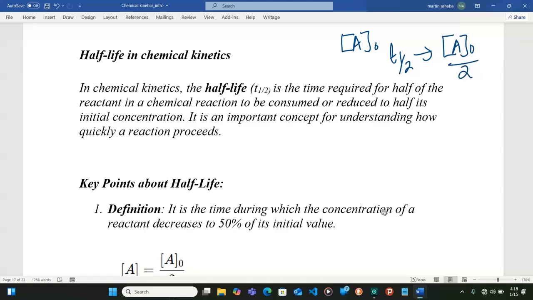So that's what we mean: the time required for half of the reactant to be consumed, or reduced to half the initial concentration. It is therefore an important concept for understanding how quickly reactions proceed.